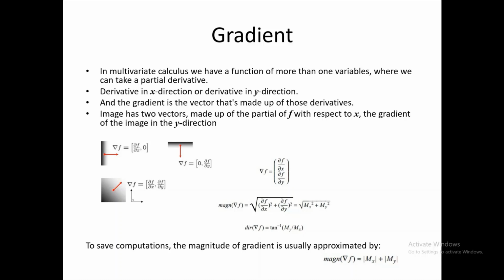So the gradient consists of the partial derivative along the x direction as well as the y direction. This is the gradient of the image, and this is the gradient operator, which consists of the derivative along the x direction and the y direction, and it comes with a magnitude.